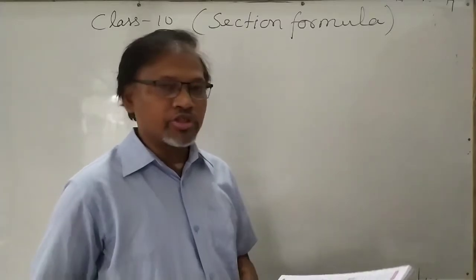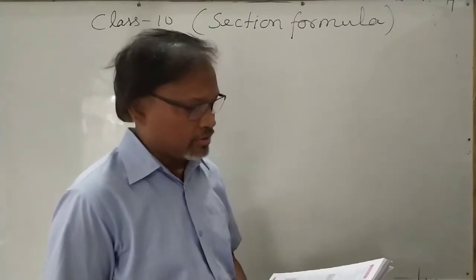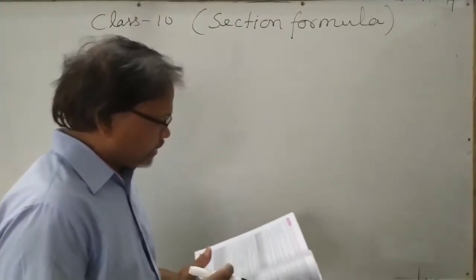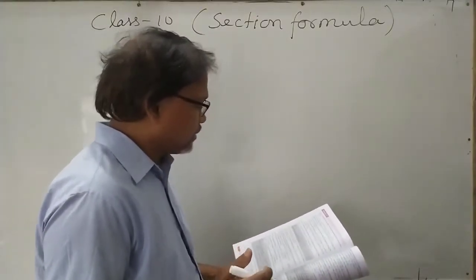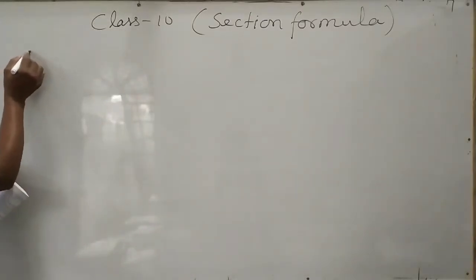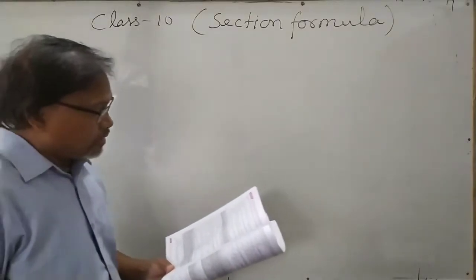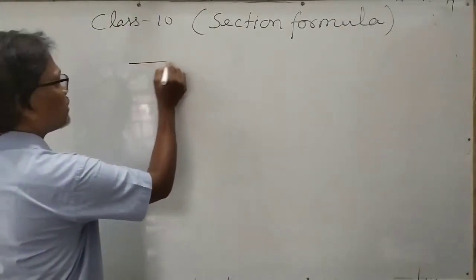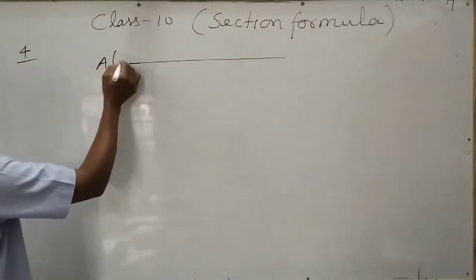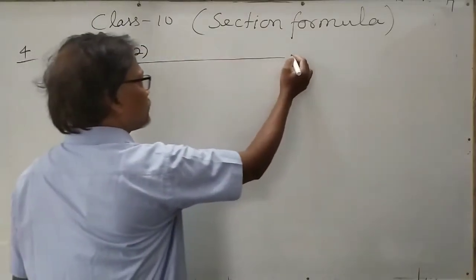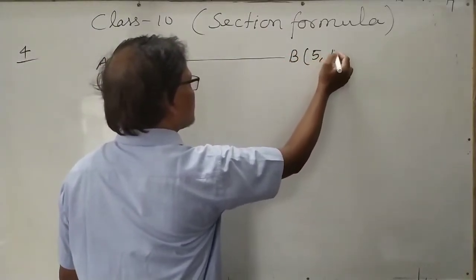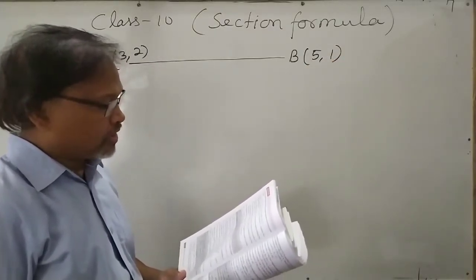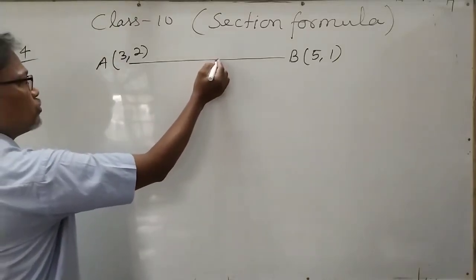Here are some more questions from exercise 11 of the section formula that you have to do. Question number 4: the line segment joining (3, 2) and (5, 1) is divided at the point P in the ratio 1:2.